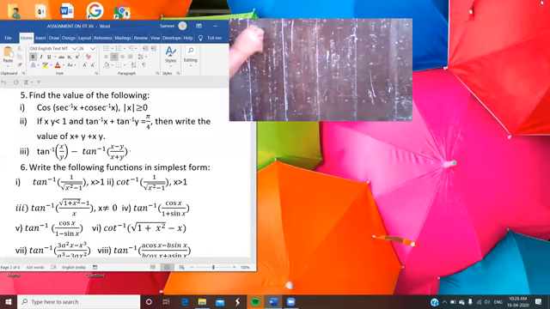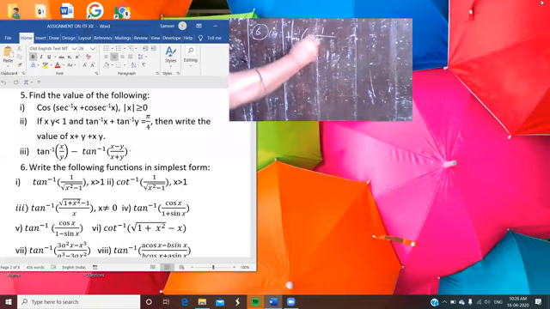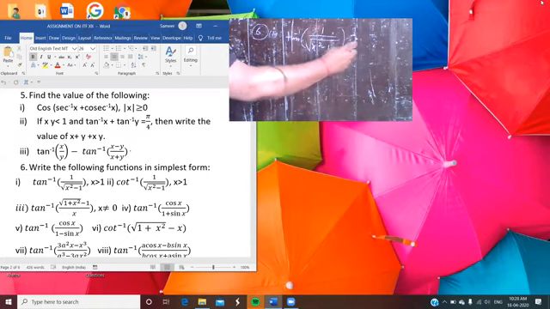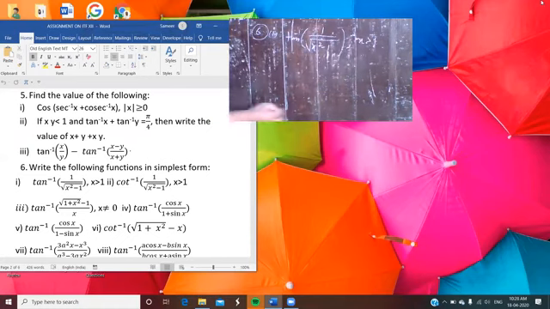So in question number 6, first part, here you have to simplify tan inverse 1 upon under root x square minus 1, and here it is given x is greater than 1. So what do you have to substitute here in place of x so that it is converted into a form of tan?